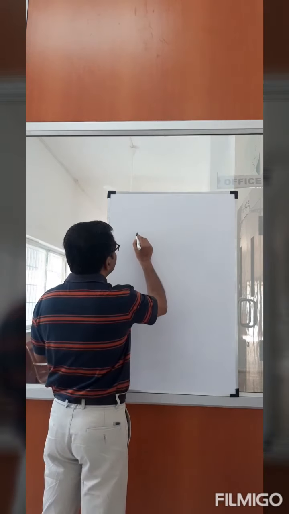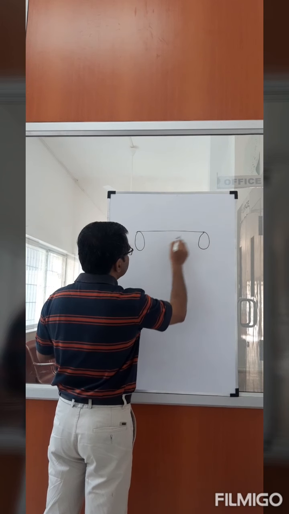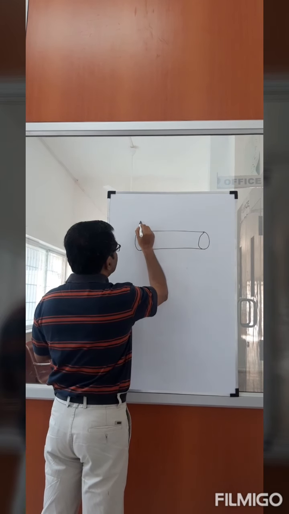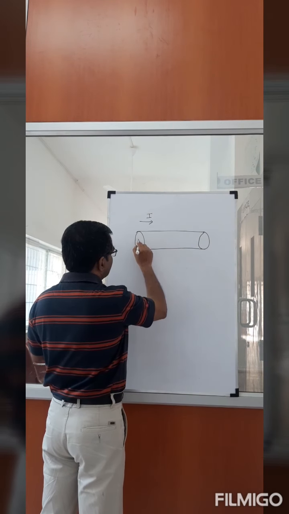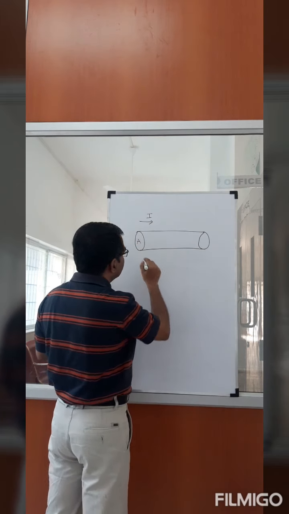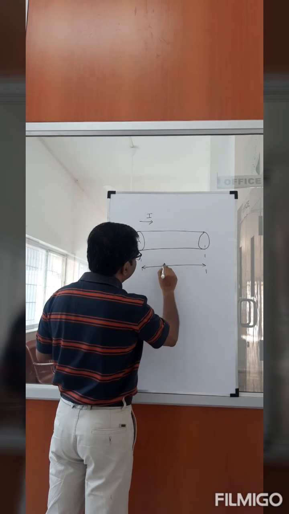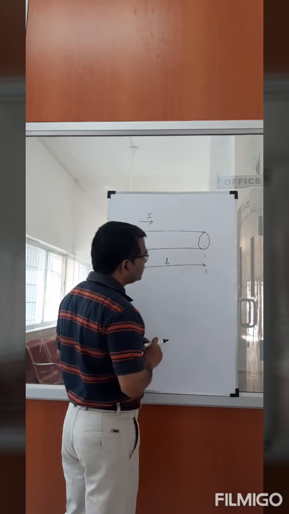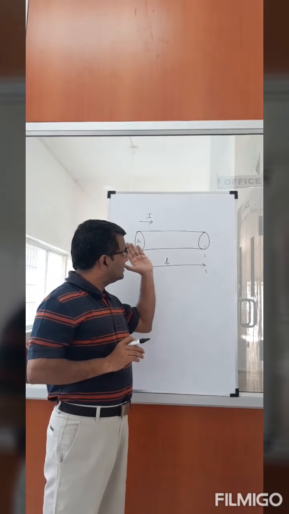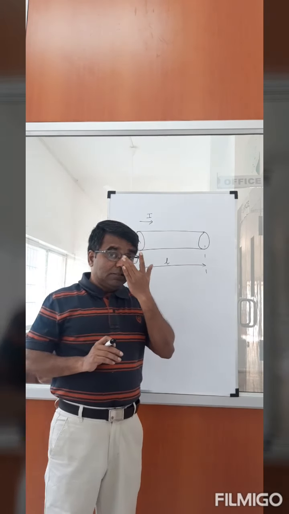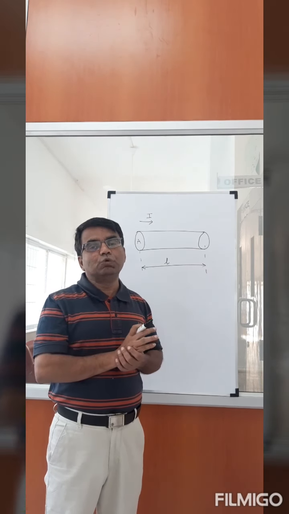Let me consider a conductor. Current I flows through this. This conductor has a cross-sectional area A and length L. The current in the conductor happens because the free electrons in the conductor move.